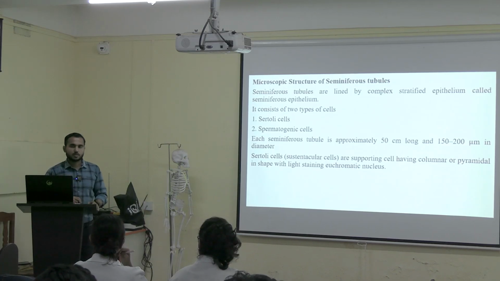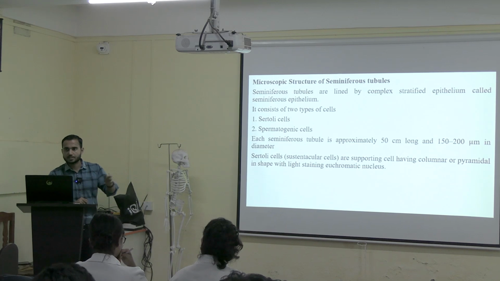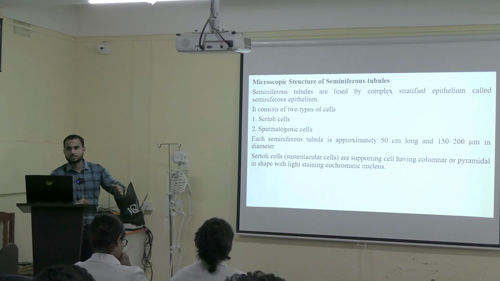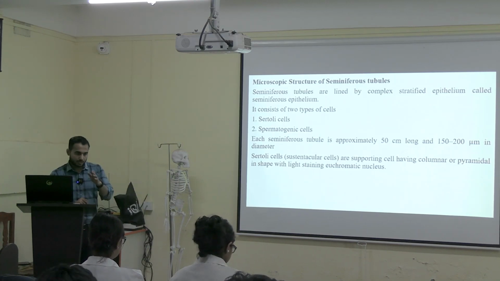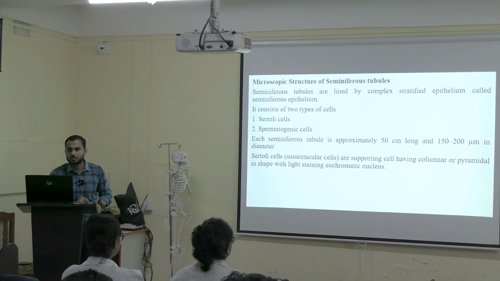Yes, because inside that different stages of spermatozoa are present, primary, secondary, tertiary, like these different stages. Each and every one will be counted as a cell, along with the Sertoli cells. That's why the appearance of the arrangement is in multiple layers, stratified.